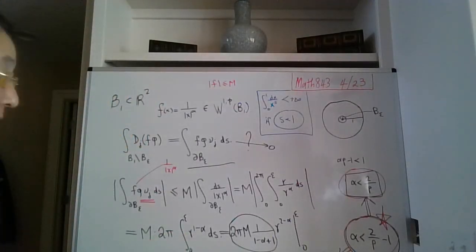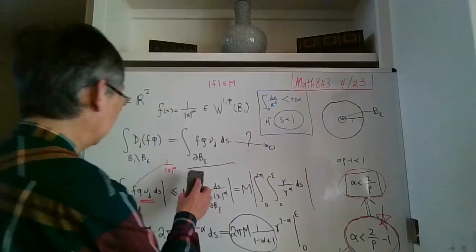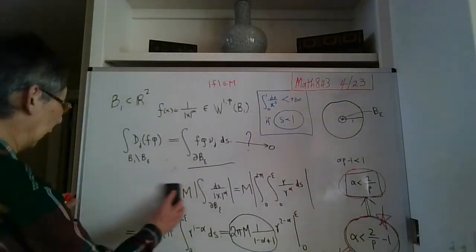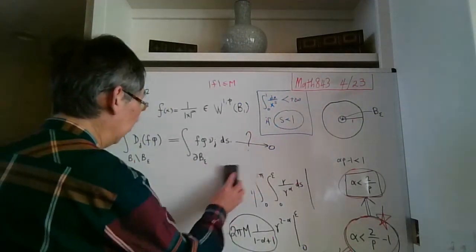As long as alpha satisfies this, I can pass epsilon to 0.